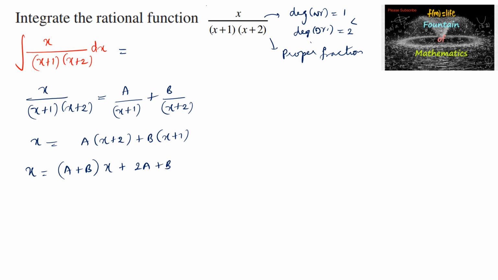Comparing the coefficients, the coefficient of x is 1, so a plus b is equal to 1, and the constant 2a plus b is equal to 0. Solving these both equations, we get 2a minus a is equal to 0 minus 1, that is minus 1.